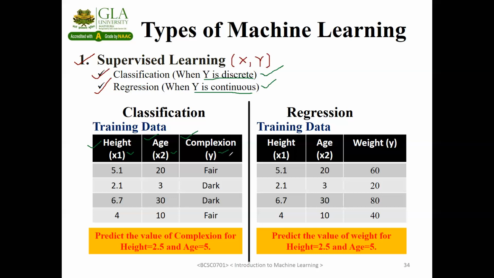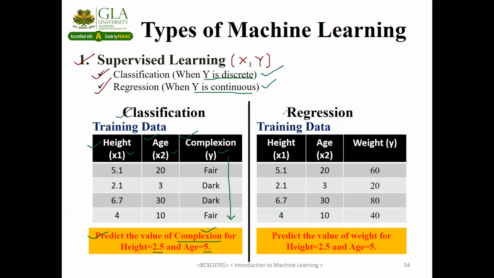Now here you see that the target feature is a discrete value. It is a category, and a category means a discrete value. Therefore, designing a model from this data set which can tell us the category of the complexion will be a classification problem. For example, if we want to predict the value of complexion for height equal to 2.5 and age equal to 5, we are interested in knowing the category of complexion. Therefore, this problem becomes classification.